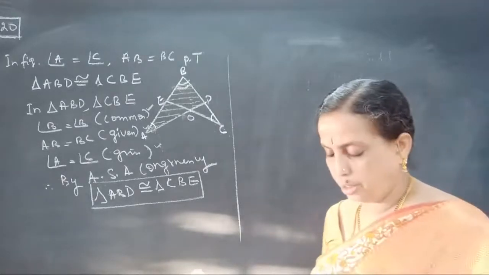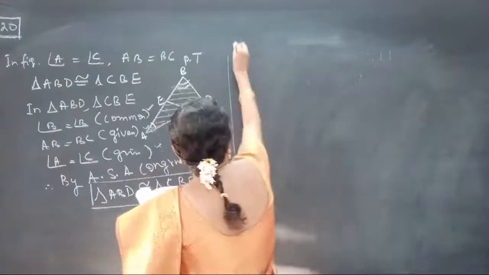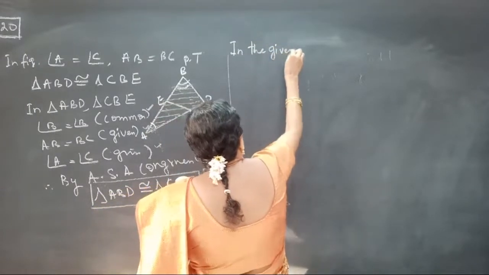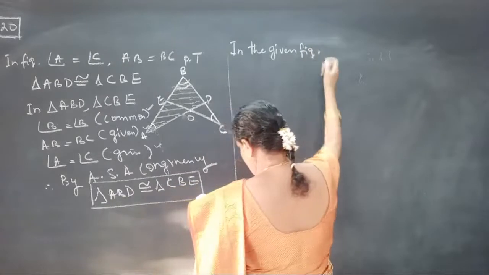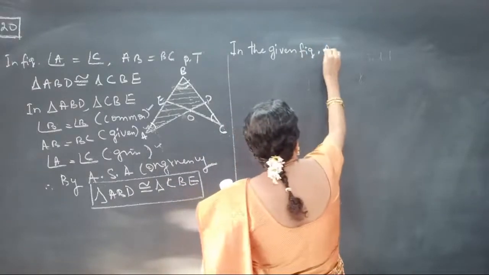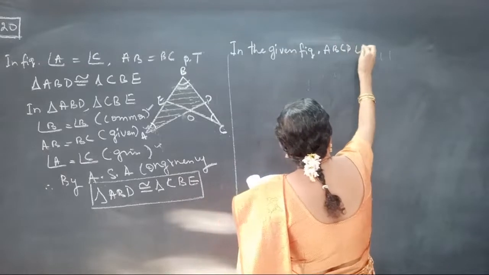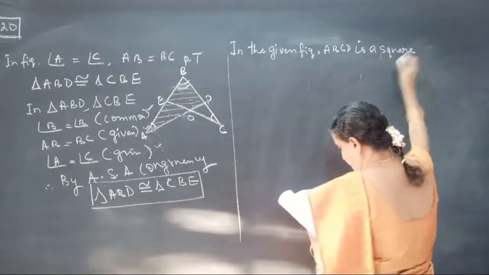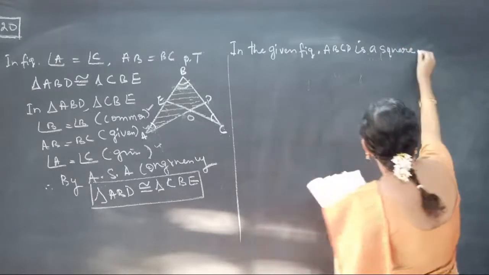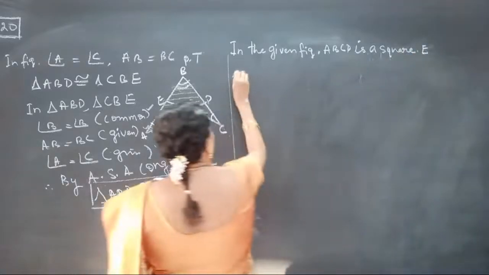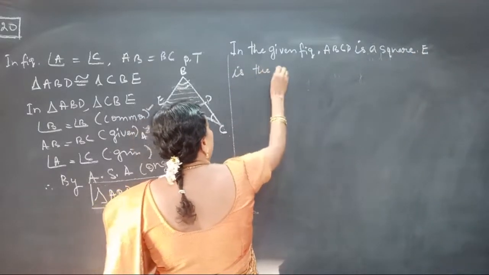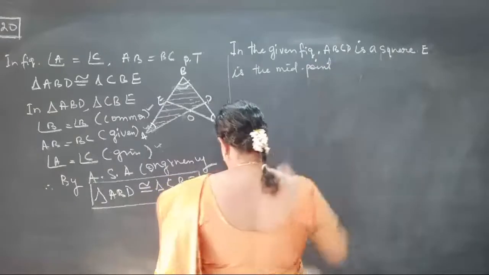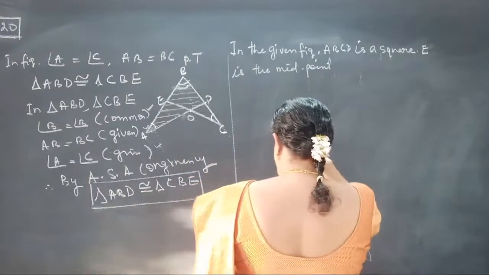Okay. Next question. In the given figure, ABCD is a square. E is the midpoint of AD.